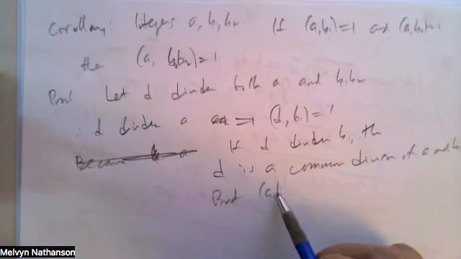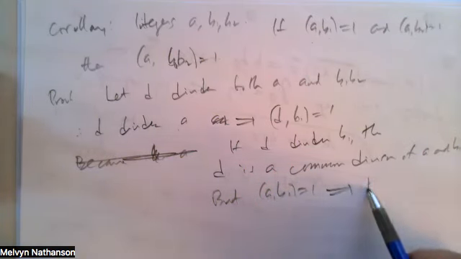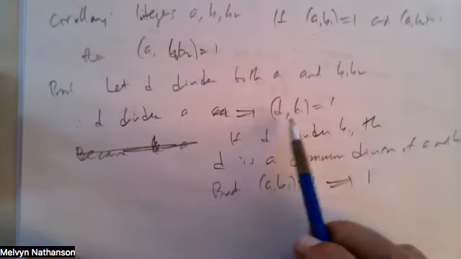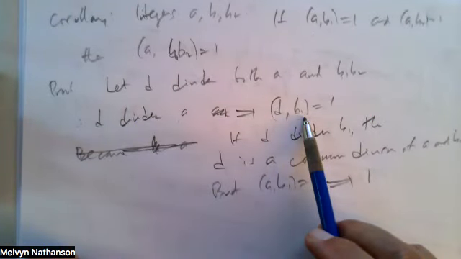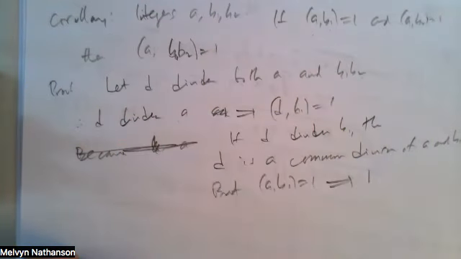But the greatest common divisor of A and B1 is 1, so D can only be equal to 1. So D is relatively prime to B1, and D divides B1, B2.